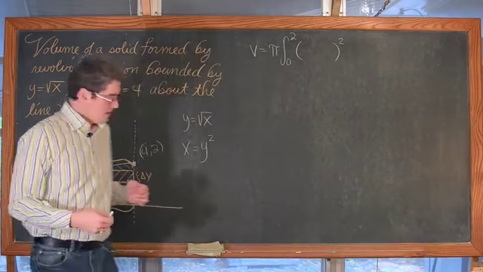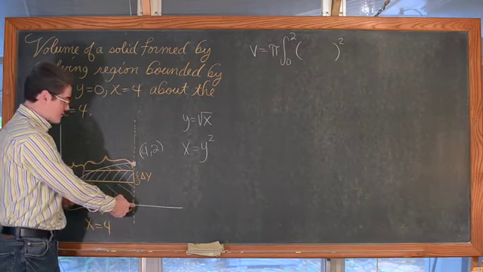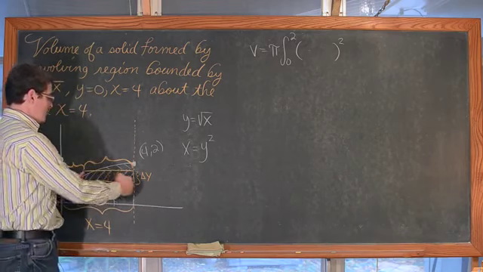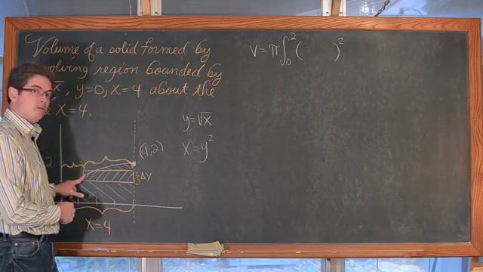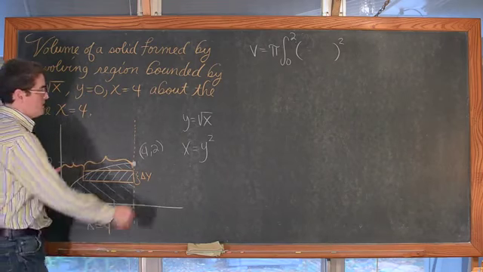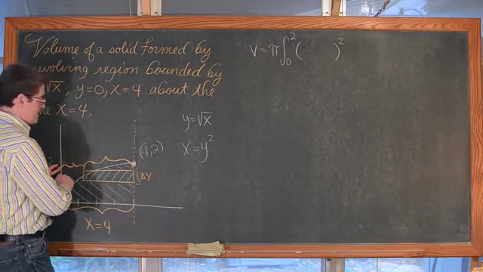Well, my axis of rotation is way out here at x equals 4, not x equals 0 or y equals 0. So how long is this rectangle? Well, no matter how far up the y-axis I go, and my y is now my independent variable, I'm going to put the y in and find x.